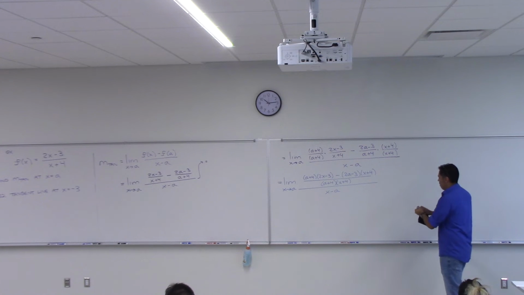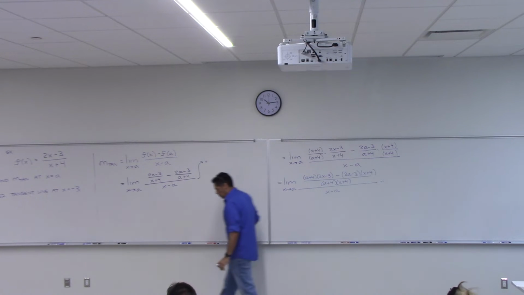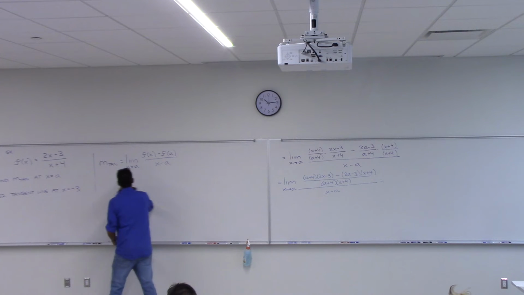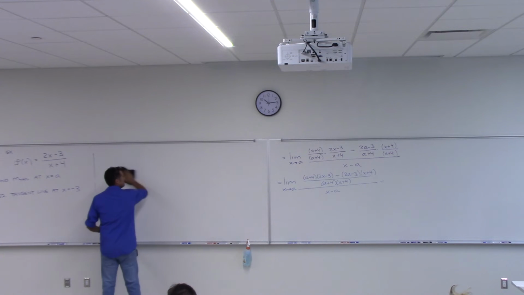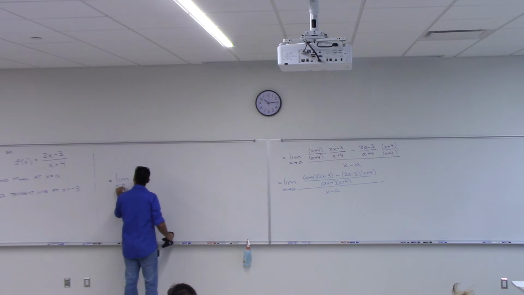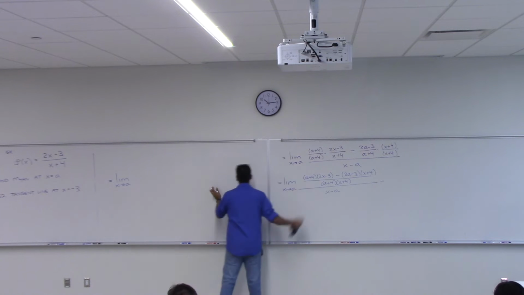All right, so now I'm going to do this algebra. Let me do it over here. Limit x goes to a. All right, so I'm going to FOIL this all out. Okay, this one right here.